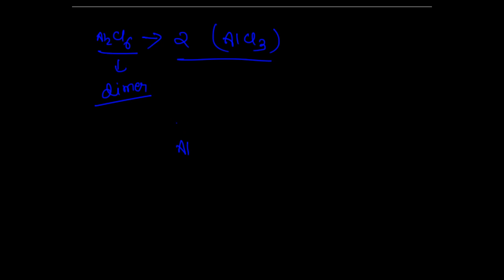In AlCl3, since the bond is between aluminum and 3 chlorines, all of the outermost electrons of aluminum are used in the formation of bonds. That is, all of them act as bond pairs. So one electron on this side, one electron on this side, and one electron on this side. And for chlorine, one electron is used in the formation of a bond, one is used in the formation of a bond, and one is used in the formation of a bond here, and the others act as lone pairs.